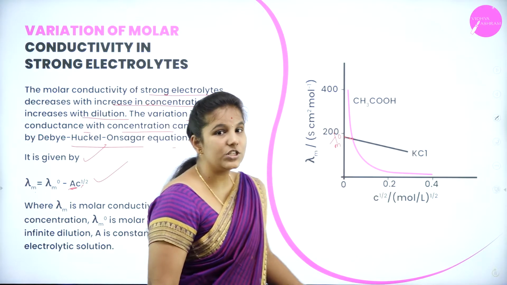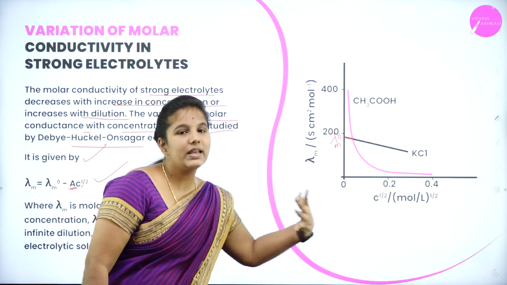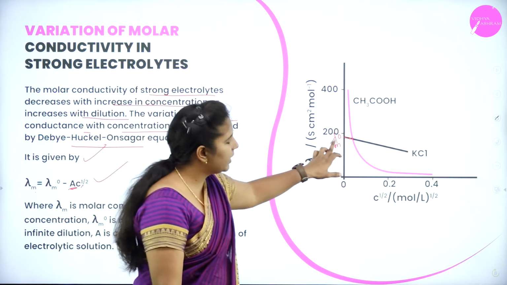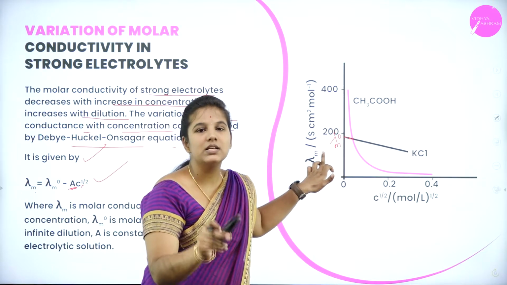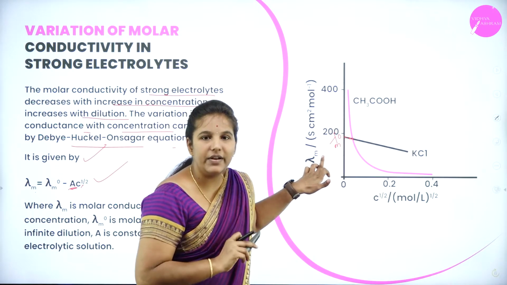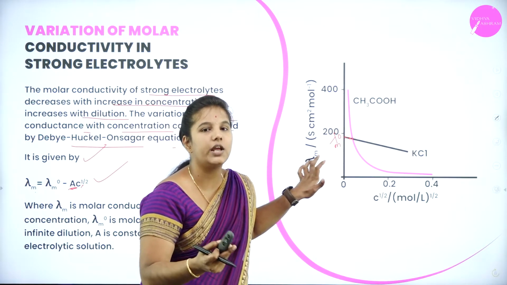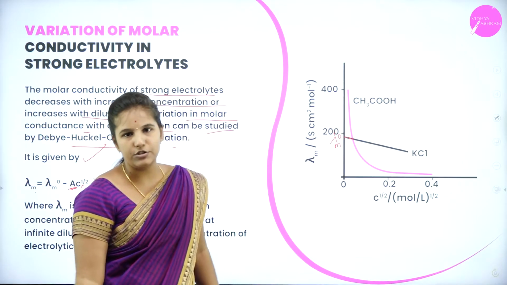From this equation we can say that when you increase the dilution, at a particular point the concentration will become zero. That is known as the limiting molar conductivity, and it can be defined as the conductivity of an electrolytic solution at infinite dilution.